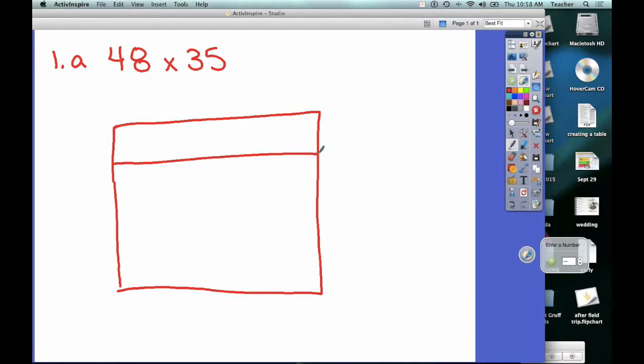So what do you want to do with the 35? You take the 5 in 35 and put it next to the small box. And then you take your 30 and you put it right next to the really big box.